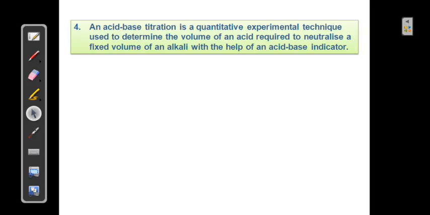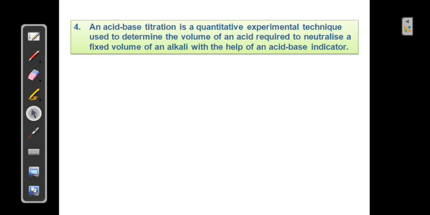You need to use this to know how much volume of an acid is required to neutralize a fixed volume of an alkali, and vice versa. You will see the neutralization effect with the help of an acid-base indicator.